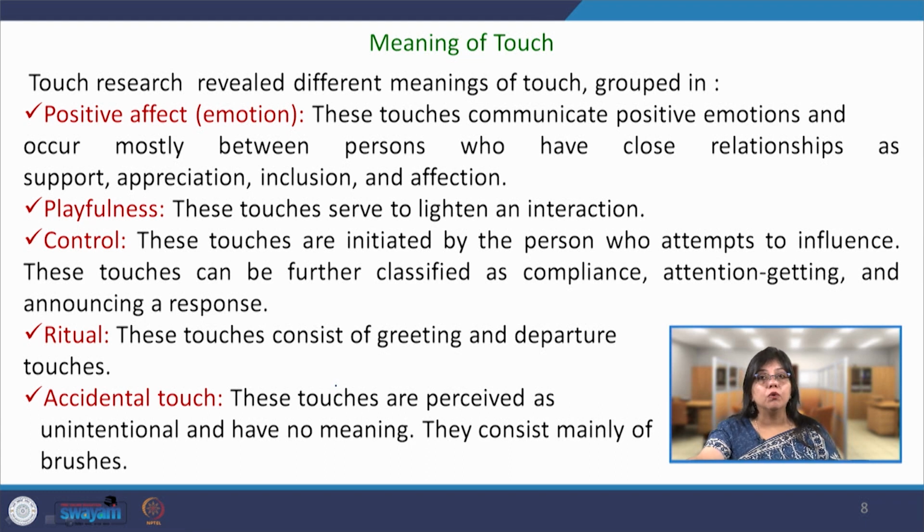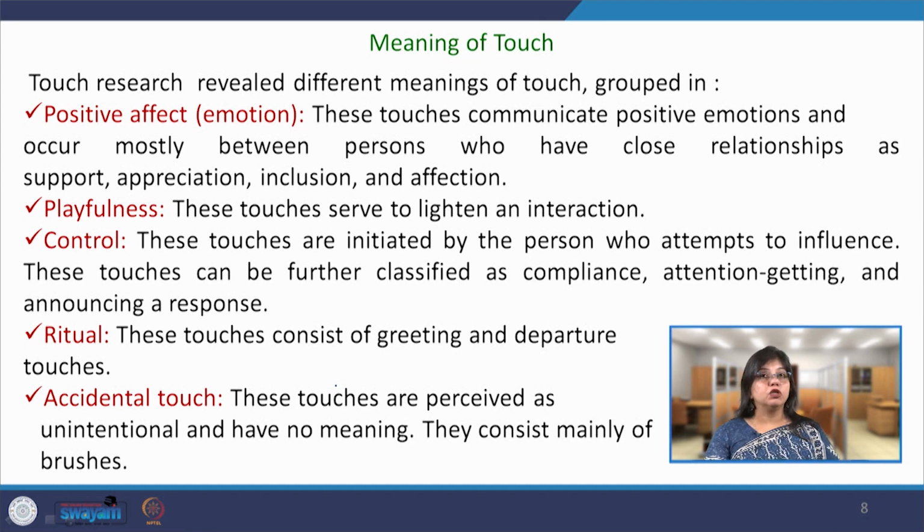So, this is control, that you are gaining some attention at the same time, or maybe you are just embracing the other person or partially hugging the other person and then announcing your decision. So, you are getting some attention and at the same time you are taking some control and support from the other person in the situation so that the message can be conveyed.